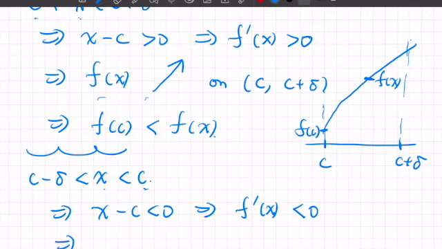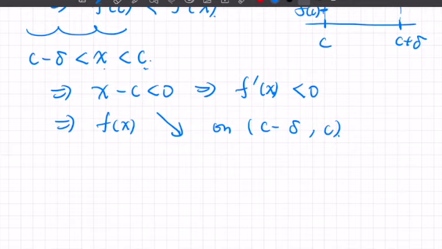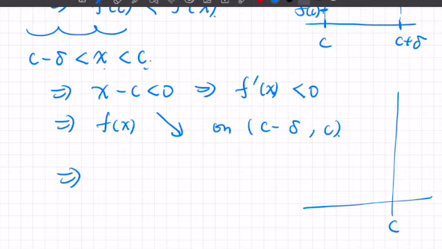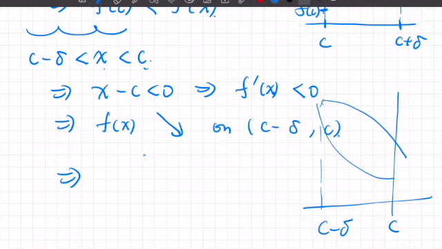Okay, and this in turn implies that f of x is strictly monotone decreasing on this interval, c minus delta and c. And this indicates, let's plot it, so c and c minus delta, it's decreasing, right? So it's like this, or maybe like this, who knows.